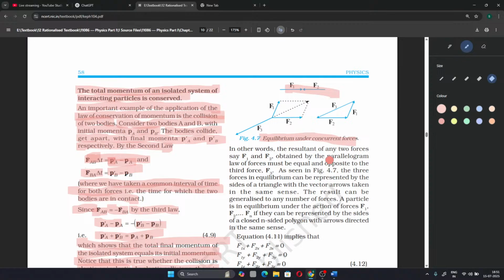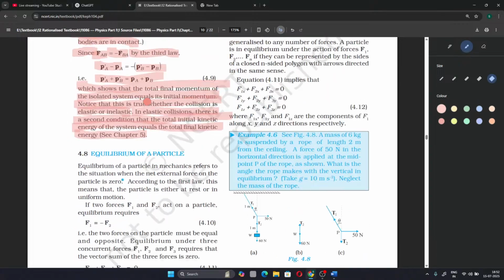In the second diagram, the force F3 is resolved into two different forces, F1 and F2. In the third diagram, the F2 and F1 forces are concurrent forces.